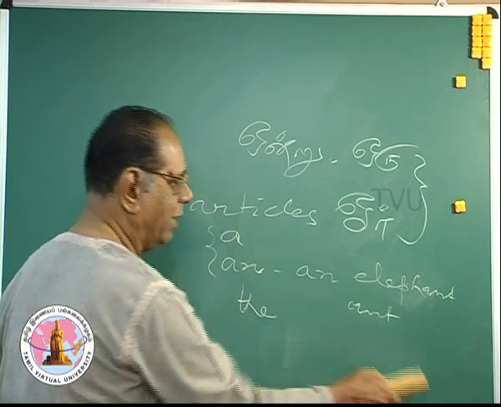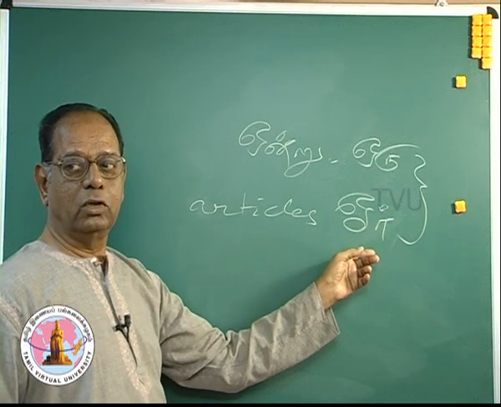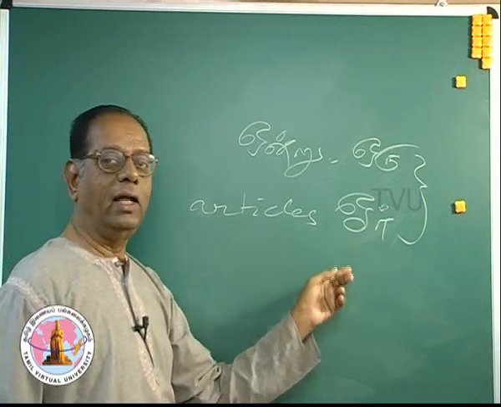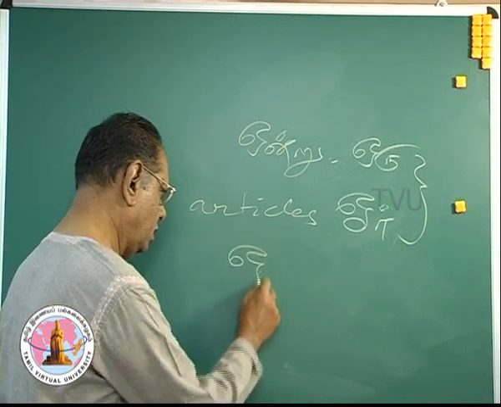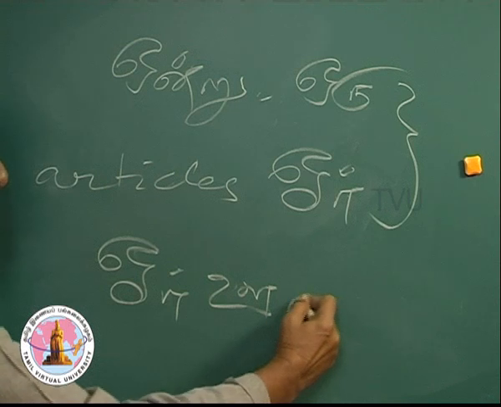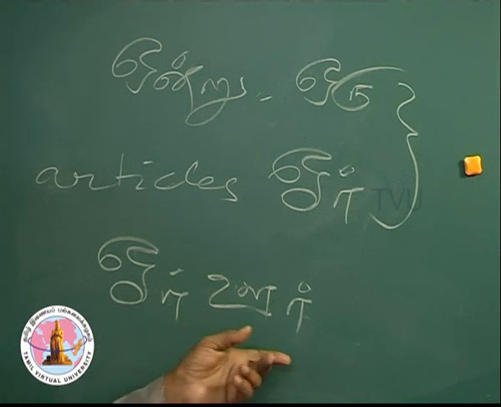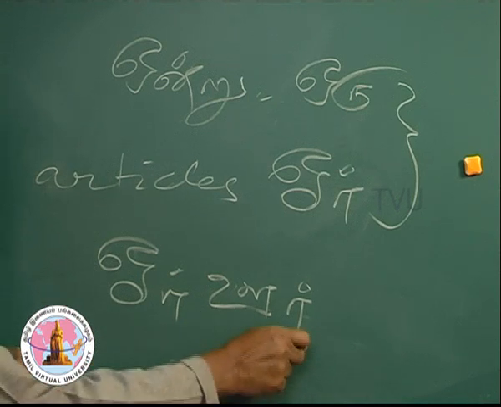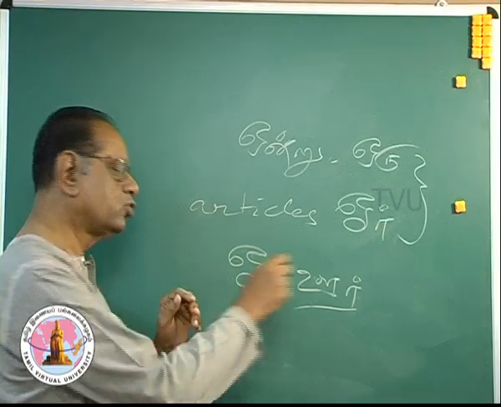So, also in Tamil, oru is used generally and or is used whenever the following word has a vowel in the beginning, like, can you read this? Oor. Oor is a town or a village, a habitat. This word begins with a vowel. So, naturally, or has been used.